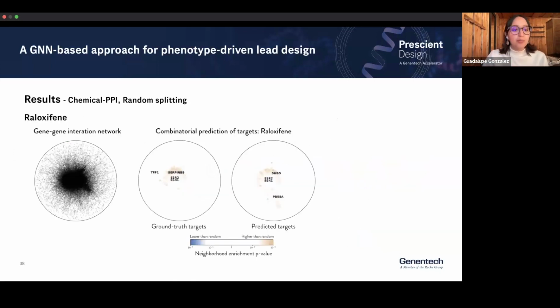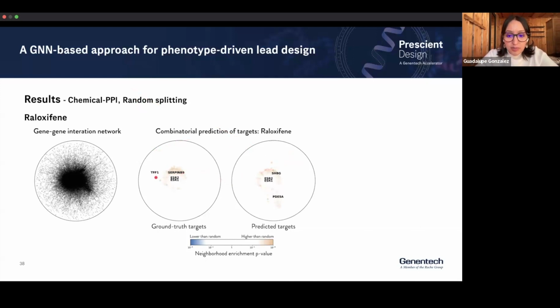We also wanted to see how these predictions look for a specific example. So we looked into raloxifene, and here we have plotted the spatial enrichment around the ground truth targets on the left, and the predicted targets.